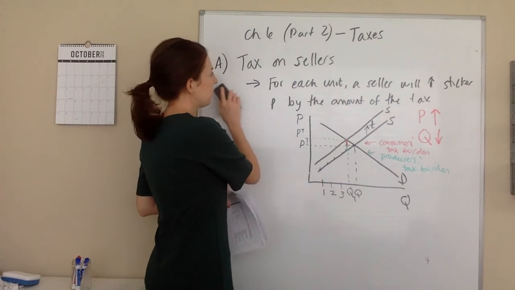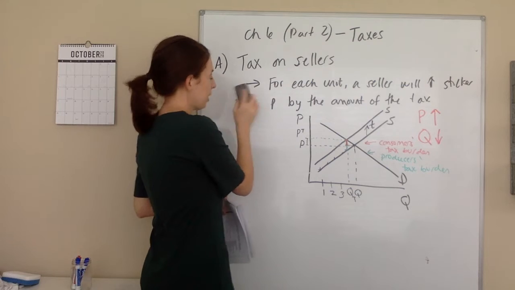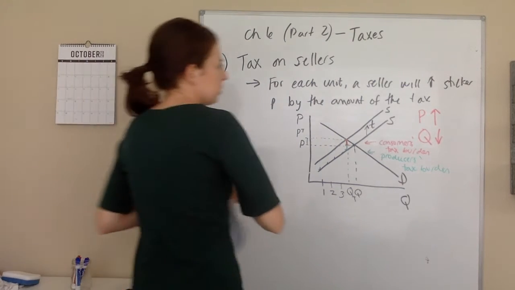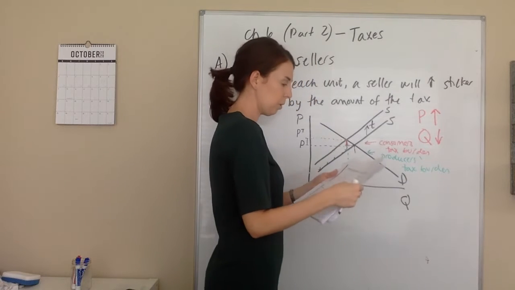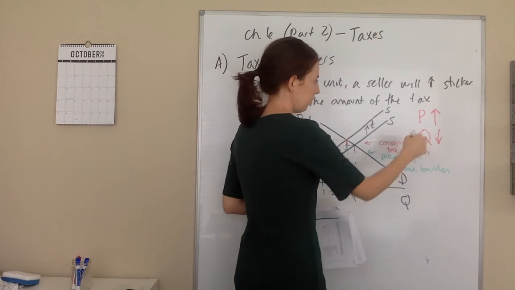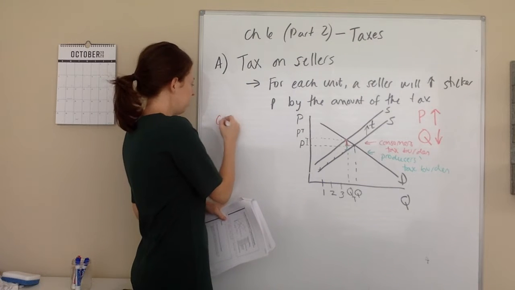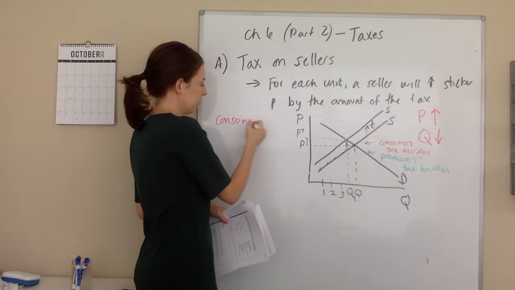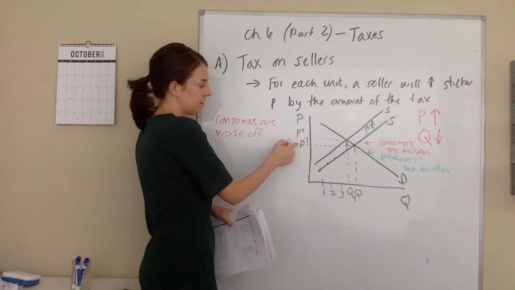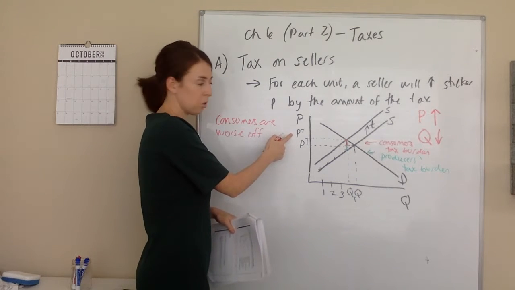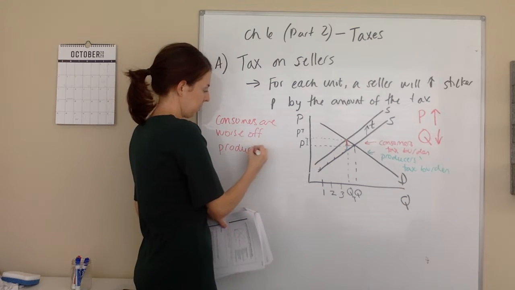Okay, so this is what happens if the government taxes, well actually, let me write one more thing here. What we know is that the equilibrium price went up and the equilibrium quantity went down. What we also know is that consumers are worse off because they have to pay more per bottle of Coca-Cola now, and producers are also worse off.